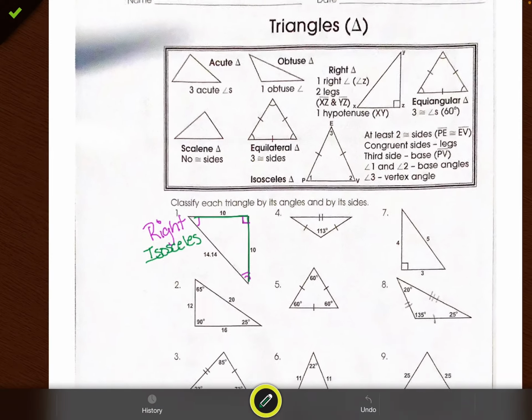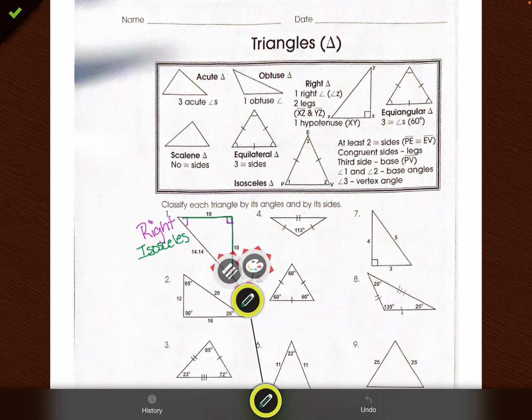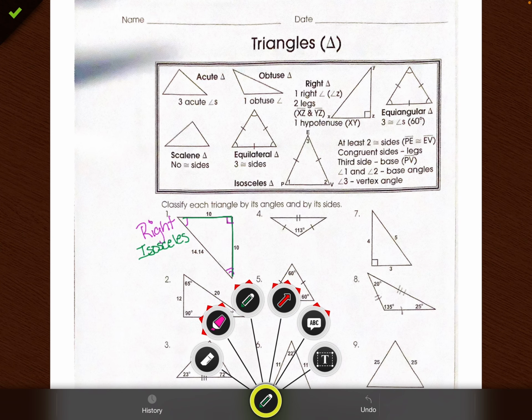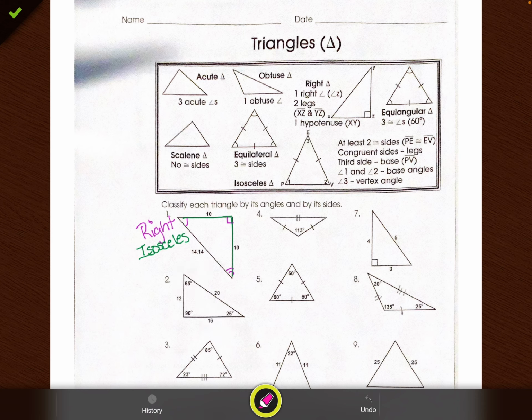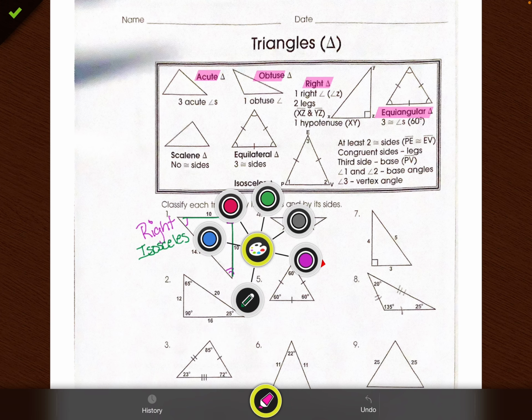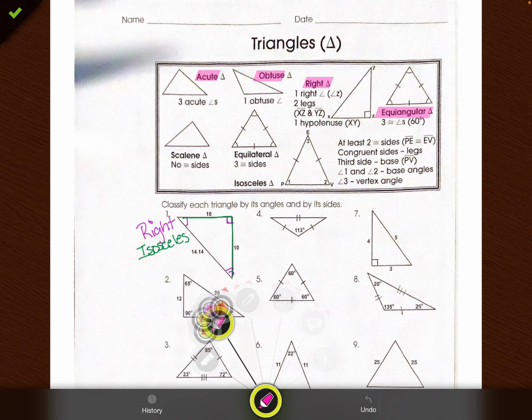Now what you want to make sure that you understand with these is if you're trying to classify by angles, then you're doing acute, obtuse, right, or equiangular. That's the four choices that you have for angles. When you go to look at the sides, you only have three choices. It's either scalene, isosceles, or equilateral.